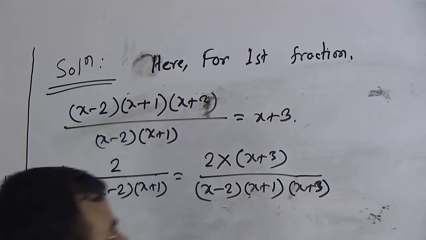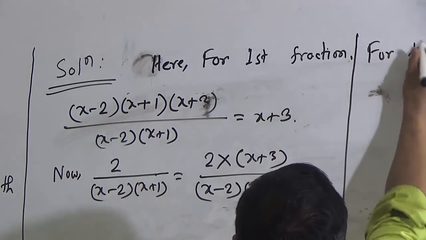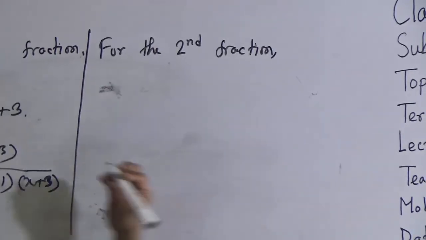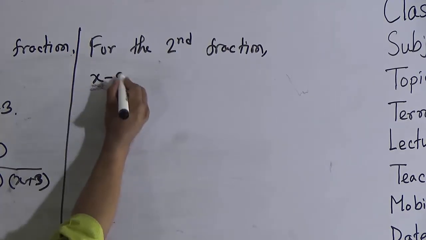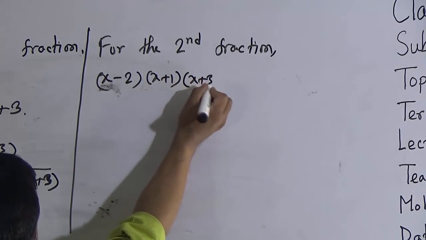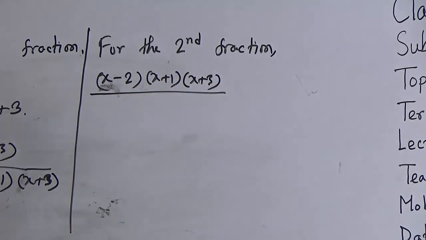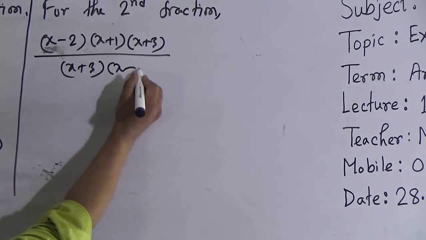And for the second fraction, we divide x minus 2 into x plus 1 into x plus 3 by the second fraction's denominator, x plus 3 into x minus 2.